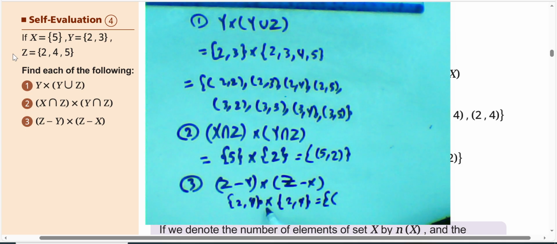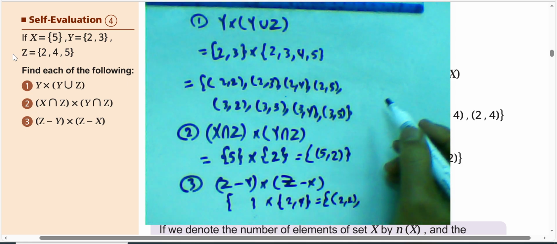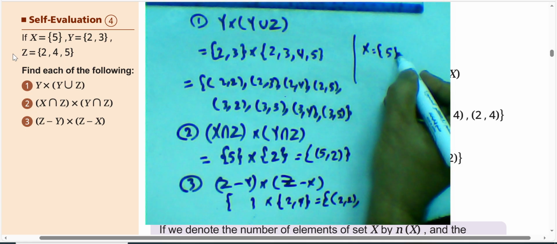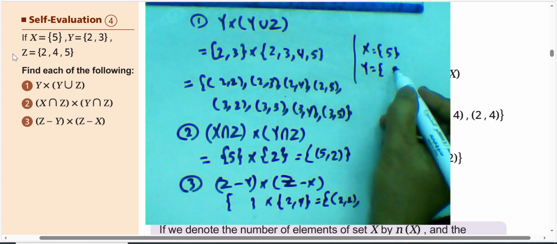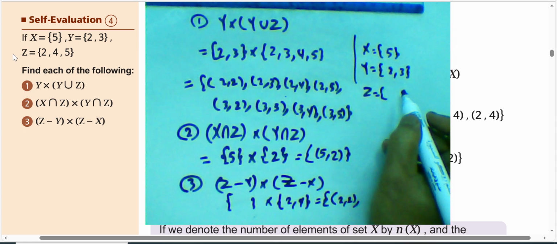Then the Cartesian product. We write Z difference Y. Look at here, my students. I will write the sets here so you can understand and see them. We have X and Y and Z. Z was {2, 4, 5}.